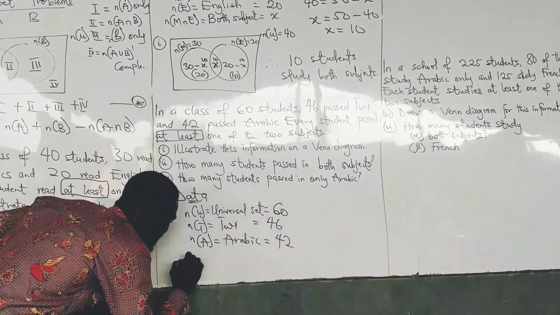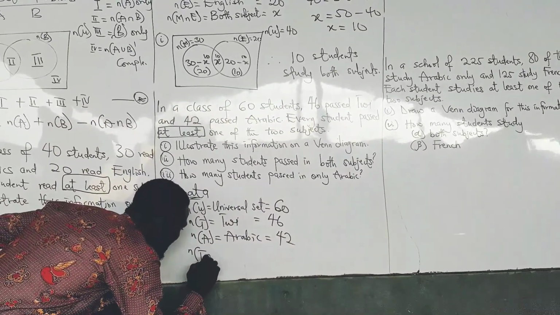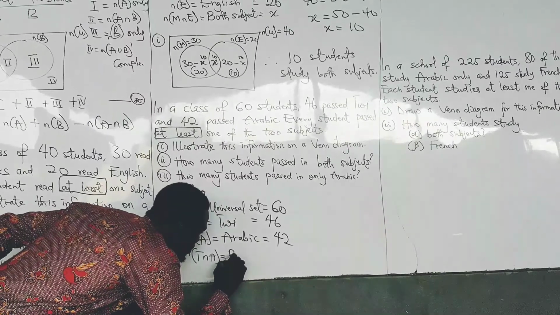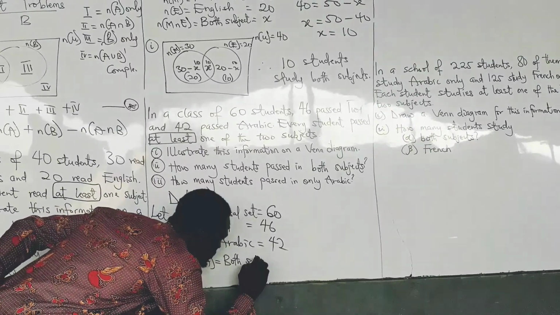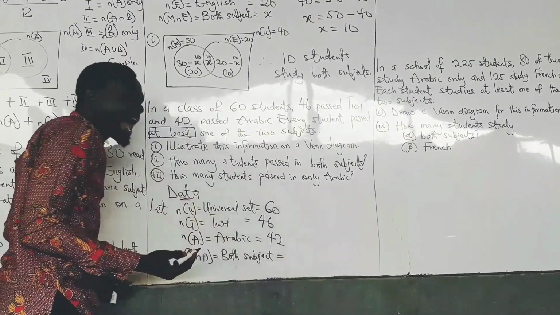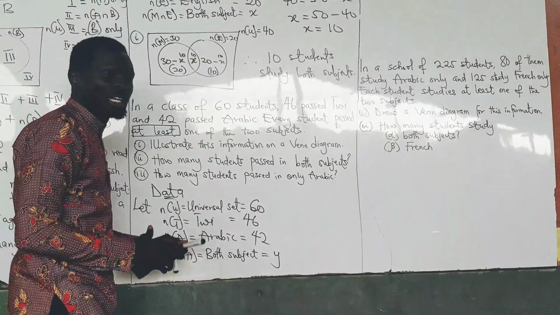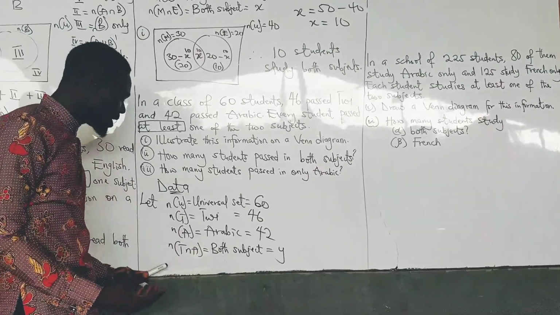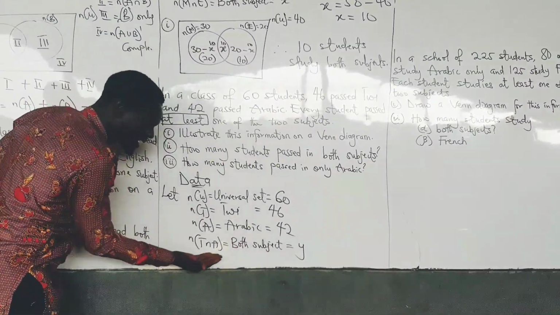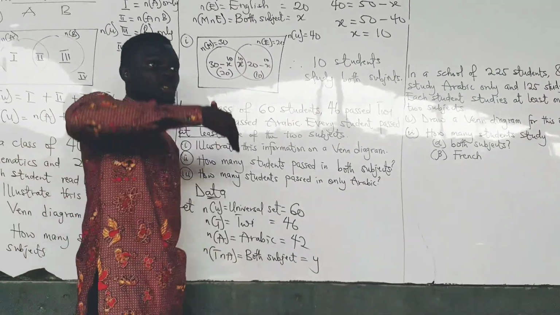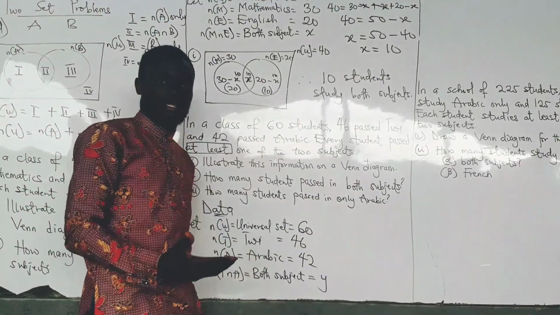So I am going to say, let the number P intersection A, which is both subjects, be equal to, I wasn't given, so let's say y. With any variable, you can choose A, you can choose B. So let's say y.